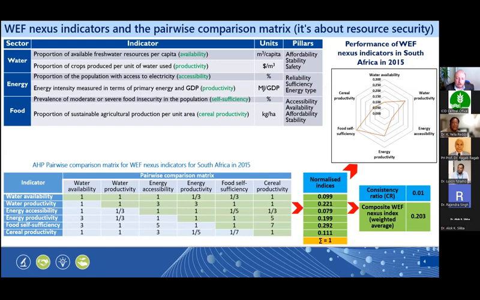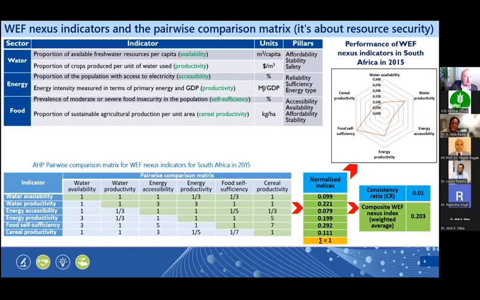I'm including the energy type because some energy types are being condemned because they cause climate change. And on food, we also considered accessibility, availability, affordability, and stability. The one important thing is that there must be consistency. We also made sure that the consistency is correct. It should be 1, and those normalized indices should sum up to 1.